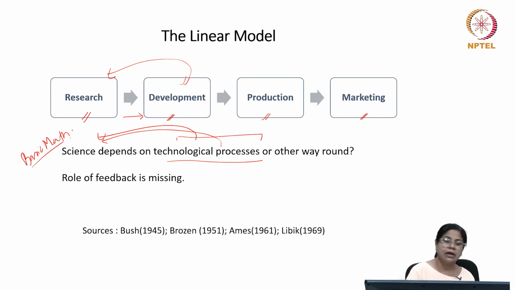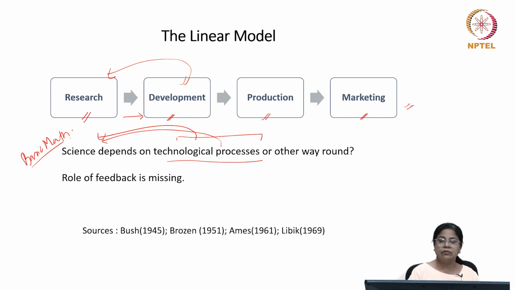If that is the case, these kinds of changes are not being taken into consideration in this very simplistic understanding of the innovation process through the linear model. Clearly, what we find is that the feedback effect is missing. That means there is no contribution of feedback, whether it is coming from a development process, from a production process, or from the final use of the product in the market, towards research.